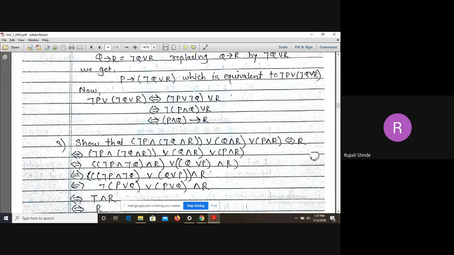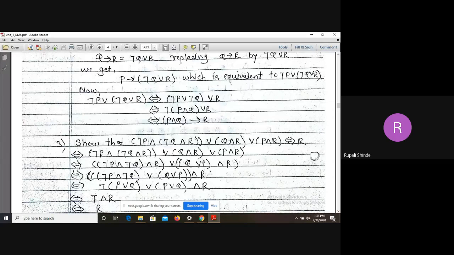That's why negation P and negation Q, or Q or P, and for this whole bracket we have taken R outside. Means this and R is applicable for this whole bracket.